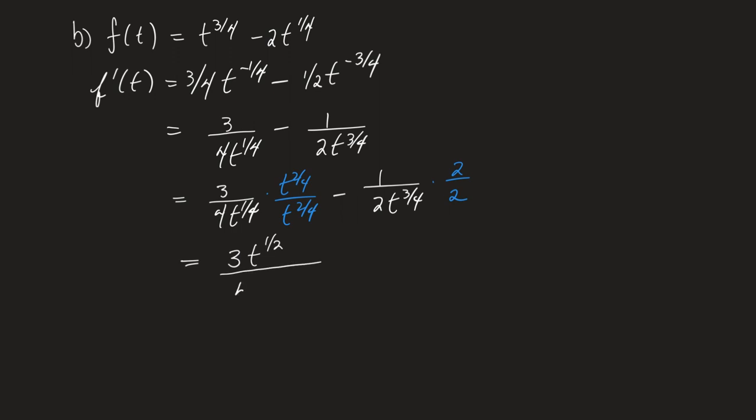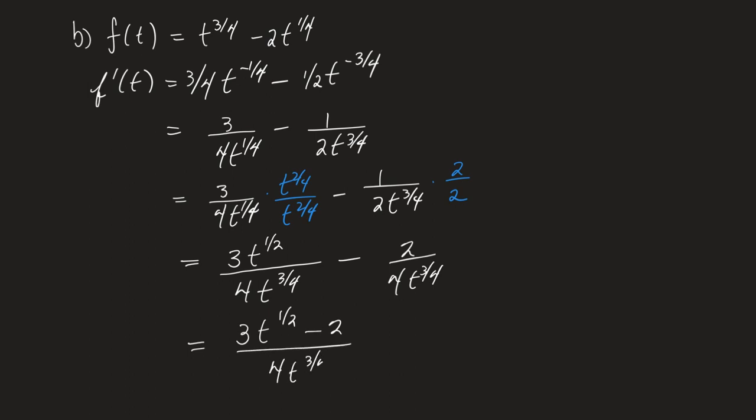And on the denominator, I get 4 t to the, again, that's 1/4 plus 2/4, which is 3/4. And over here, I get 2 over 4 t to the 3/4. So that's my common denominator. So I have 3 t to the 1/2 minus 2 over 4 t to the 3/4.